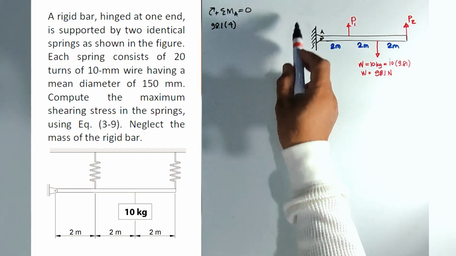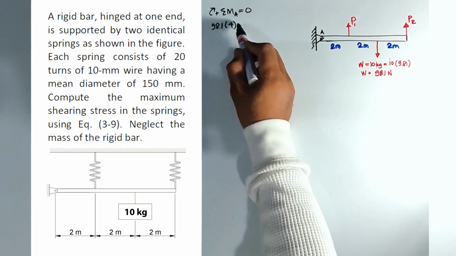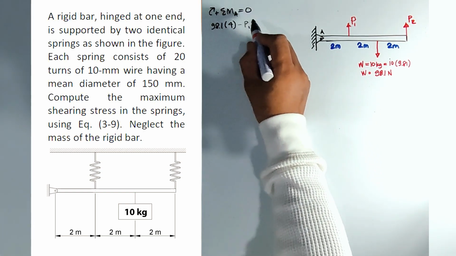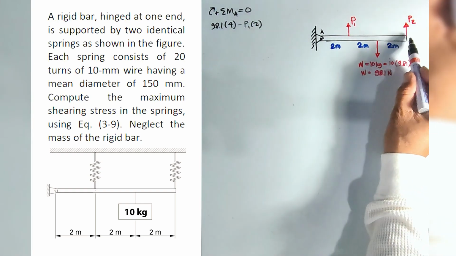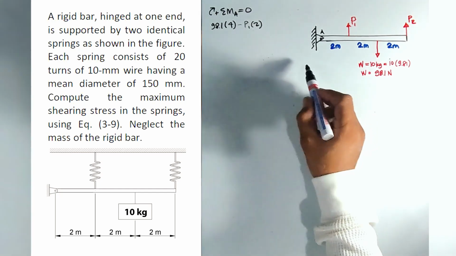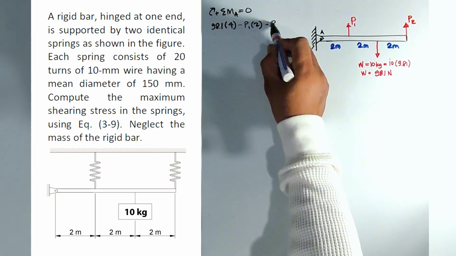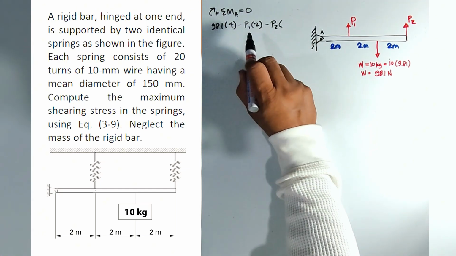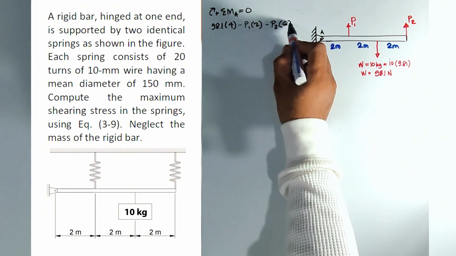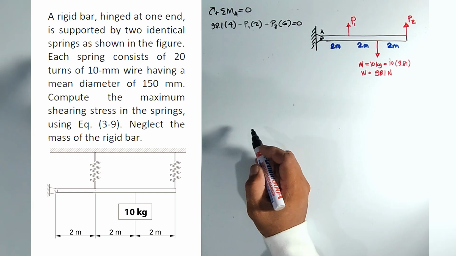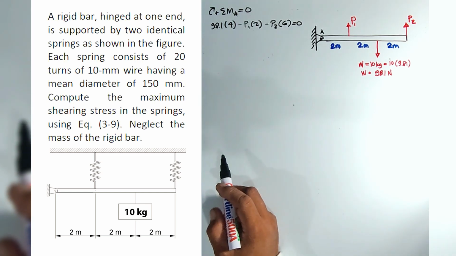This P1 will create the counterclockwise moment, so that will be minus P1 times 2. And this P2 will also create the counterclockwise moment, so that's minus P2 times 6 equals 0. Okay, so let's just keep that equation like that for now.